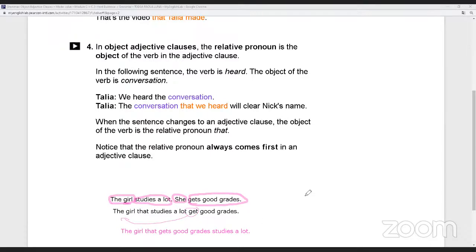Or yes, she gets good grades and she studies a lot, right? And you're gonna choose the information, and then you're gonna combine these two parts of the sentence into one. Okay, and that's all. Do you have any question about this sentence?